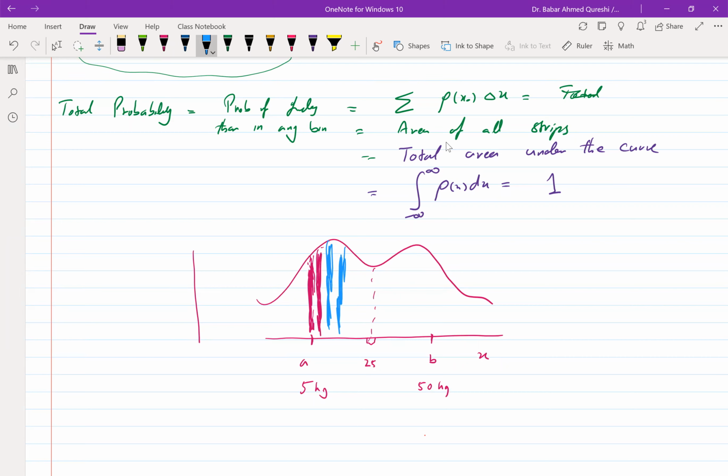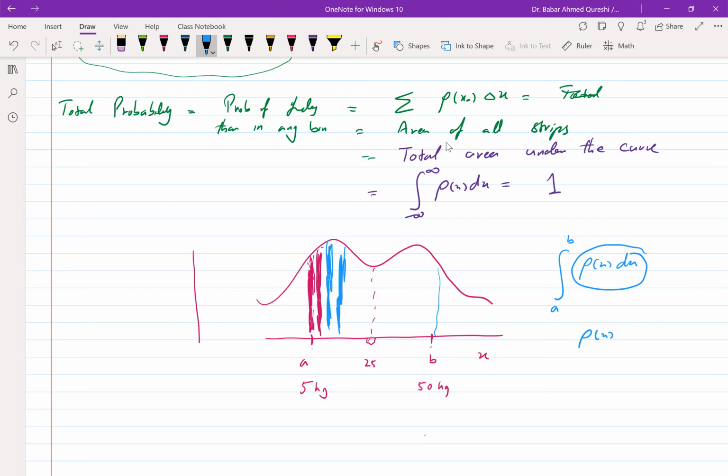And when you say that I want the total probability of any shipment between 5 kg and 50 kg, it would be the total area of all these strips between them. And what would that be? That would be just this integral. Because this gives you one small strip, and this integral sign is nothing except the summation of these strips.